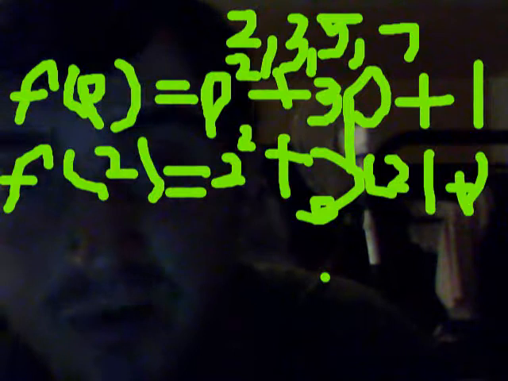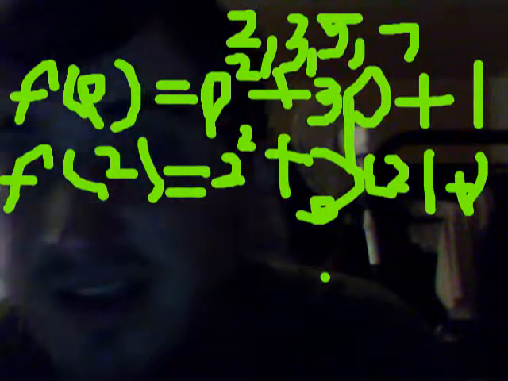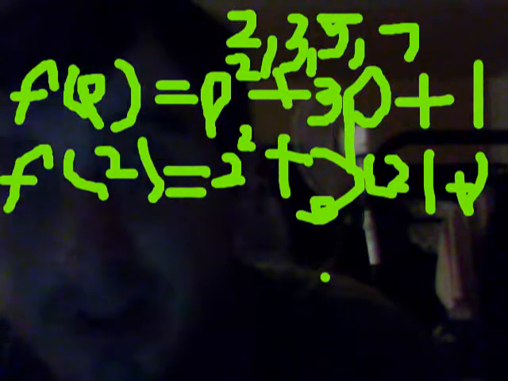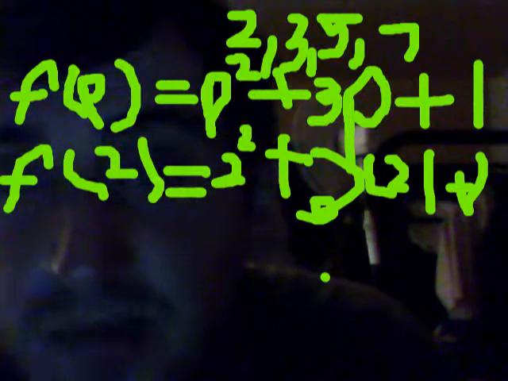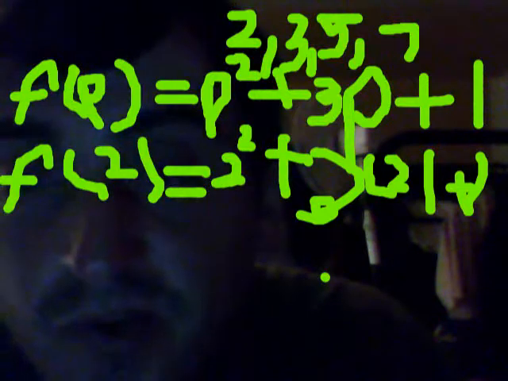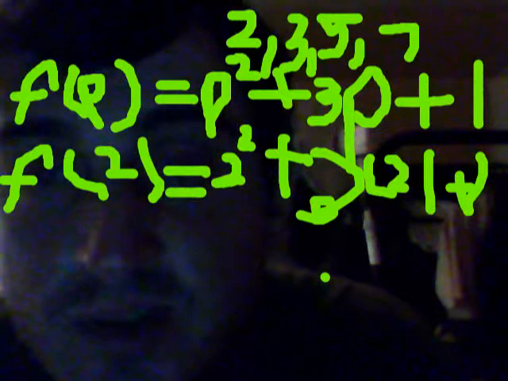Alright, we'll just pretend that's a 1. Man, it looks like gibberish. I do not understand why this thing's not working right. So we have 2 squared plus 3 times 2. So we have 4 plus 6 is 10 plus 1 is 11.